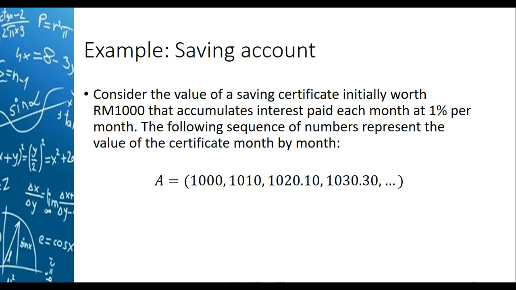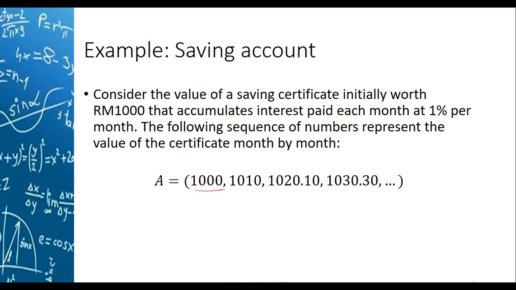So if you have this, you can construct your sequence, right? In this sense, your sequence starts with 1,000 as your present value, your initial value, and then you calculate easily. Simple calculation. If you have 1% given to you on a monthly basis, the next month you have an extra 10 ringgit.